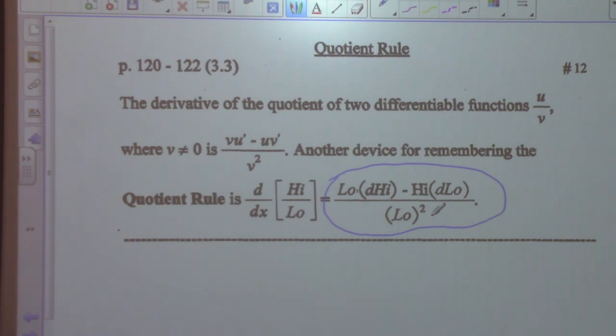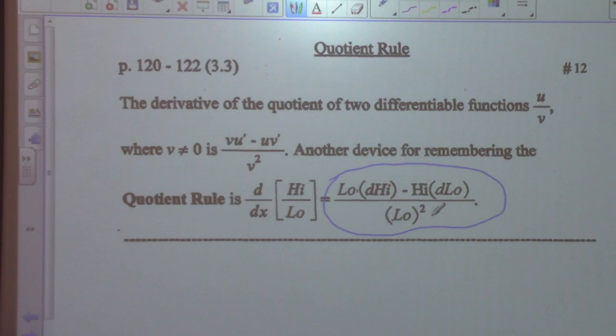But this is one of those things that, if you think about it, can really be helpful to remember. Low d high minus high d low all over low squared. We're going to work this out using the product rule.